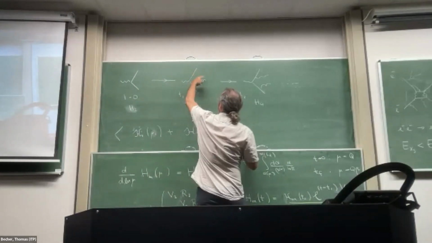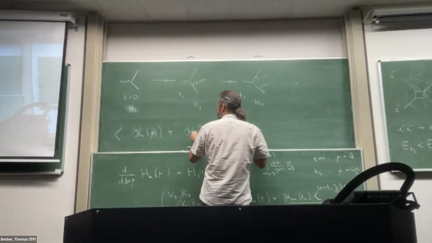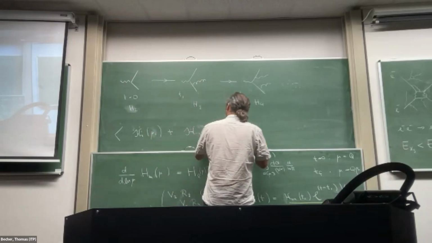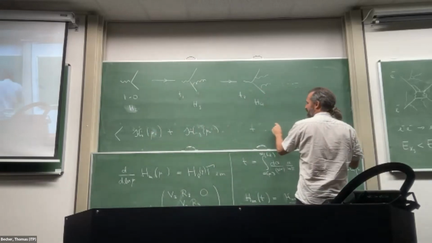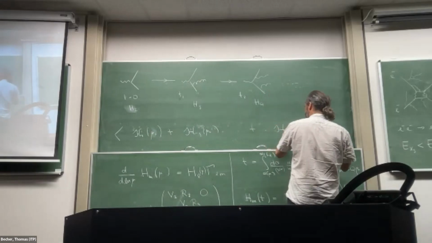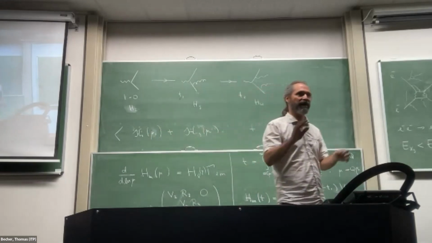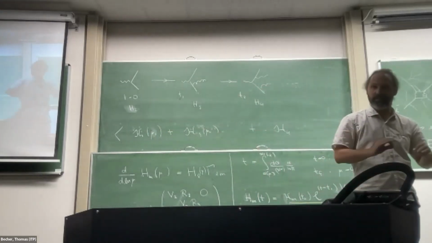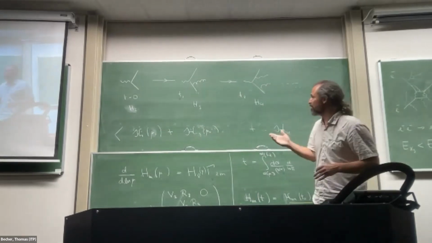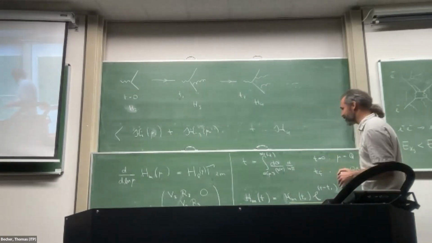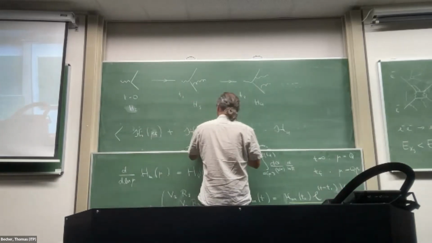And I'll also get from iterating here an h3 at the low scale plus all the other h's. And now I have to combine these with the soft functions, but now I'm at the low scale. At the low scale, this soft function, mu naught is equal to q beta, the final.